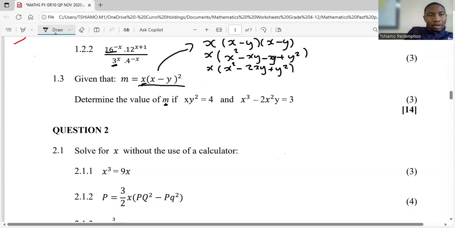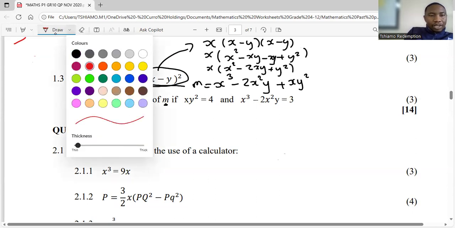Multiply in with the x, we have x cubed minus 2x squared y plus xy squared. This is m. So this is m expanded. So I'm expanding this one.